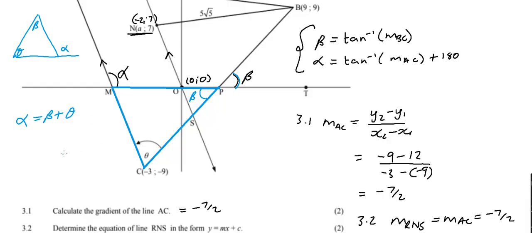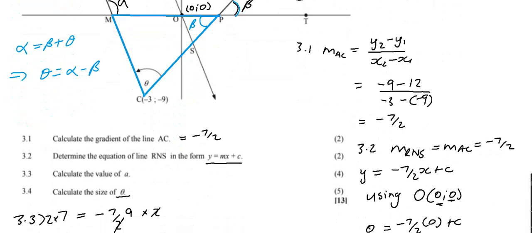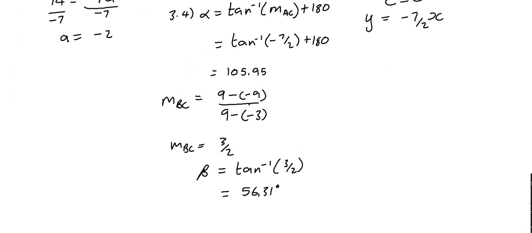So we will say alpha is equal to beta plus theta. This means that theta is just going to be alpha minus beta, and that is what we are trying to calculate.